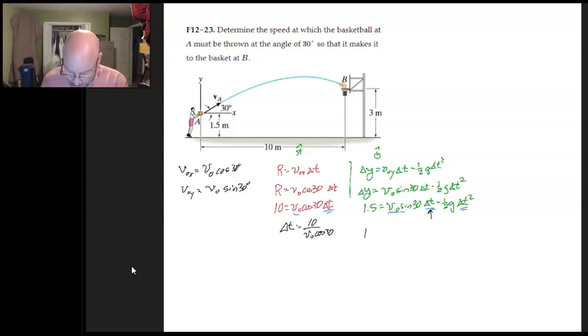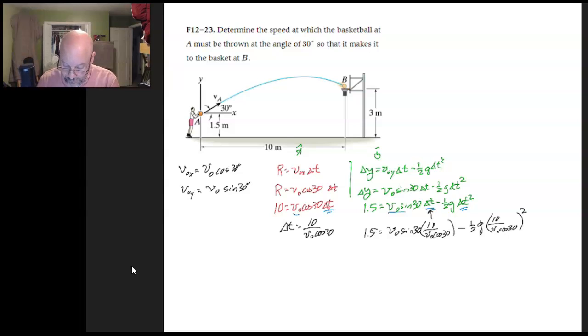So now I've got 1/2 equals v naught sine 30 times 10 over v naught cosine 30, minus 1/2 g times 10 over v naught cosine 30, and all that is squared.